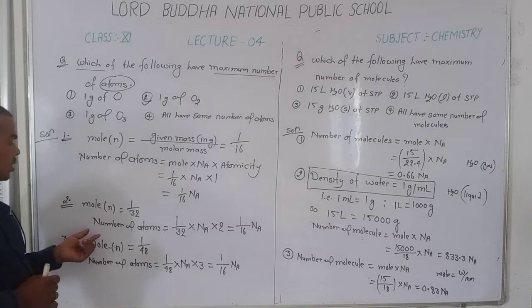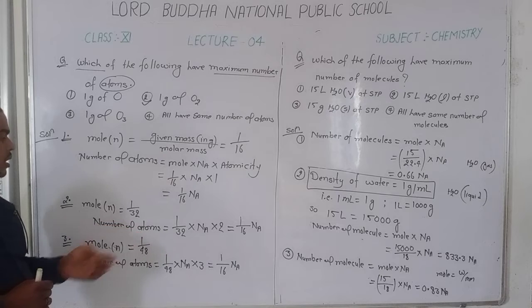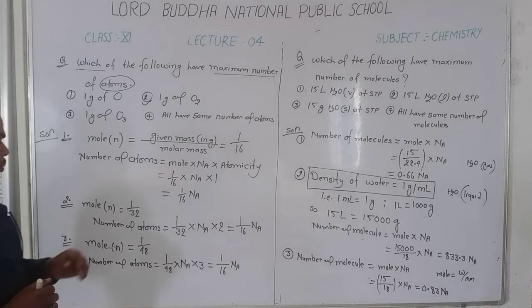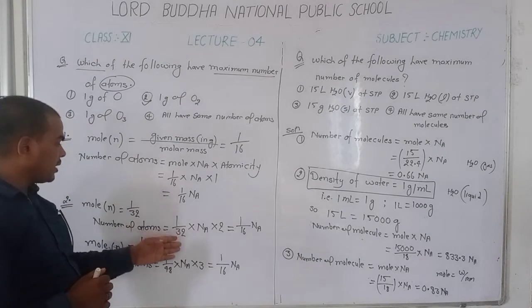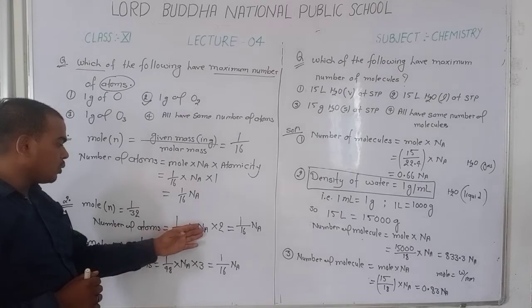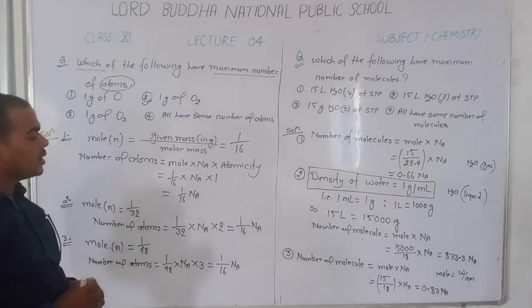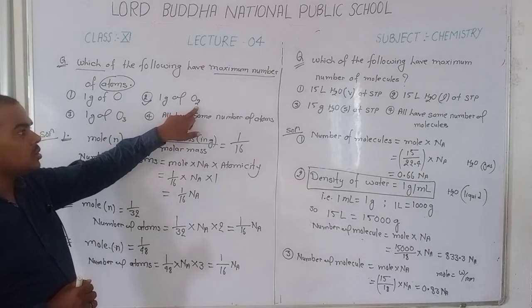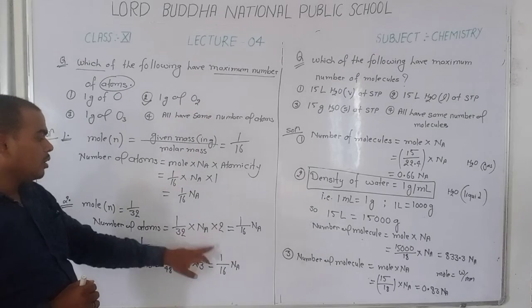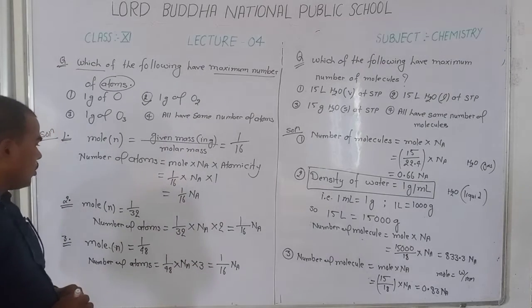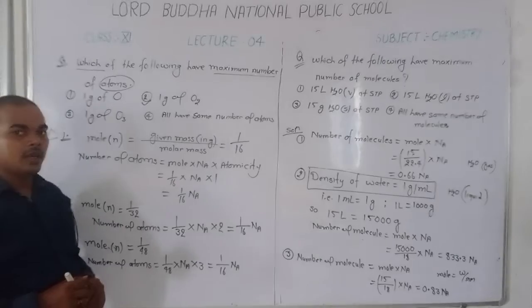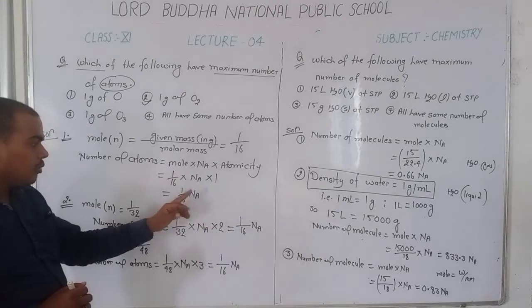For the number of atoms present in 1 gram of oxygen molecule, put the value of mole 1 by 32 into Na into atomicity. The atomicity of O2 is 2. Therefore, the value is 1 by 16 Na, which is similar to the first option.